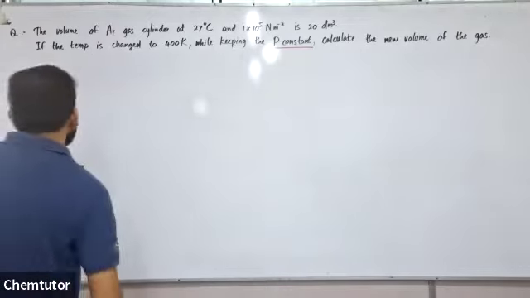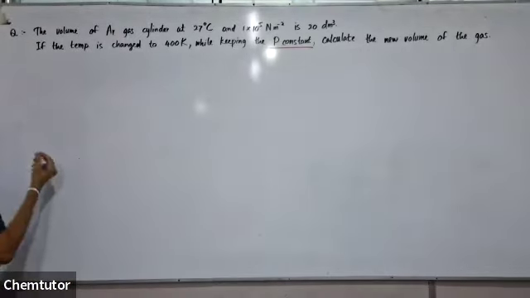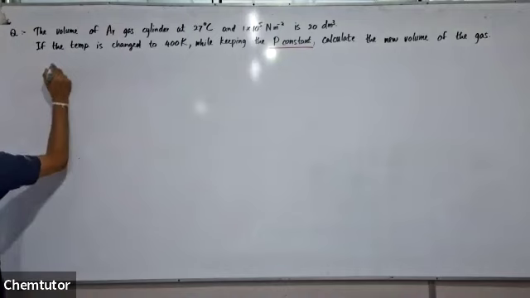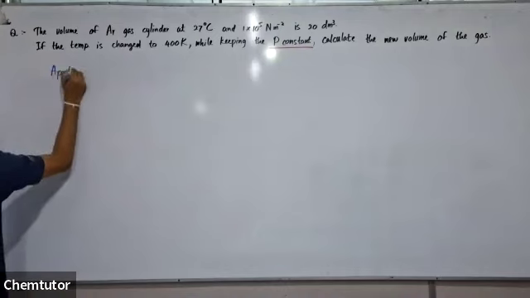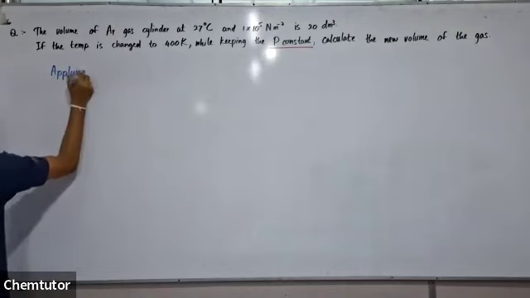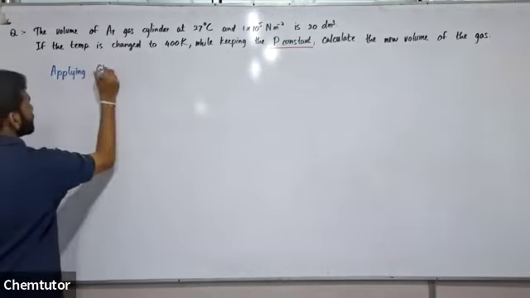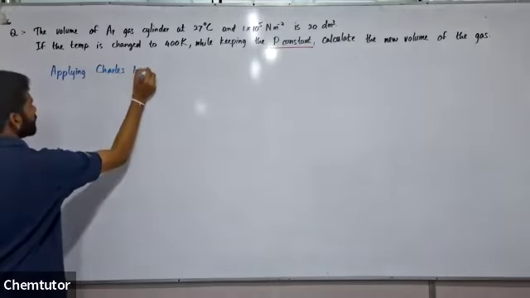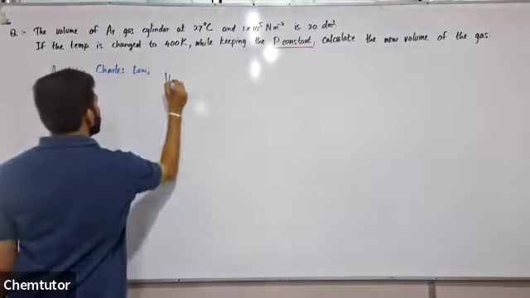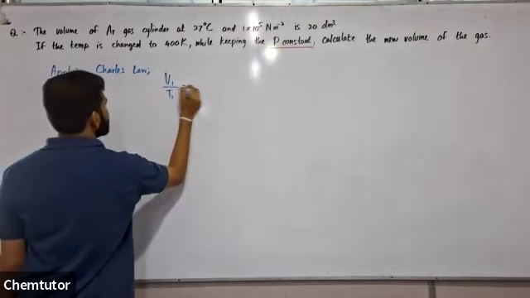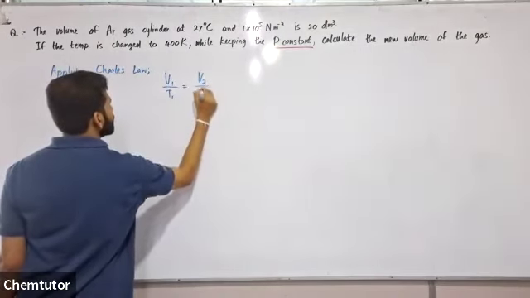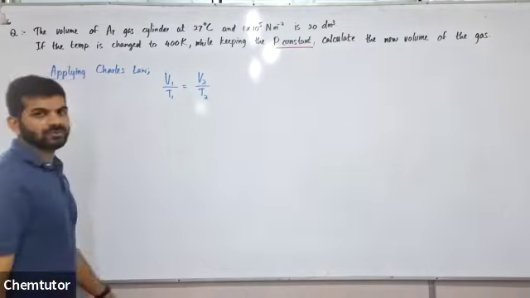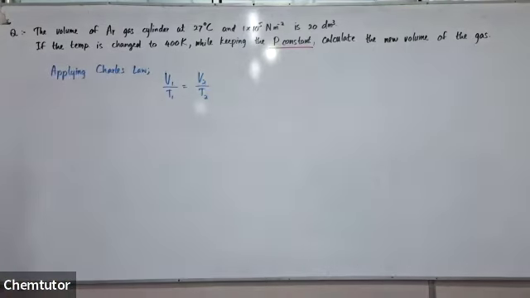Constant pressure means we can apply Charles law. Applying Charles law, we can say V1 over T1 equals V2 over T2.